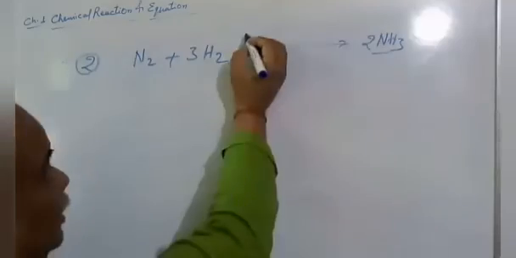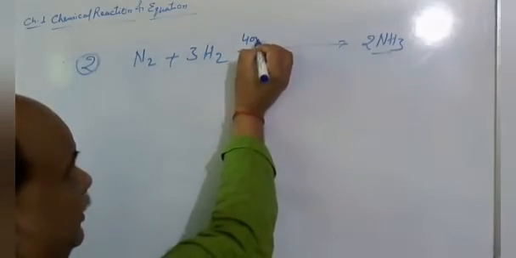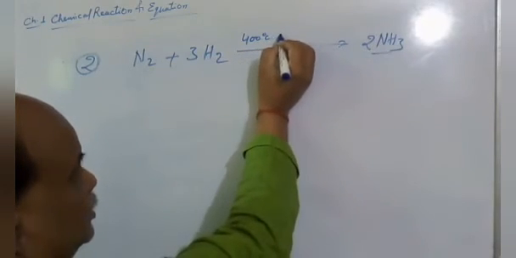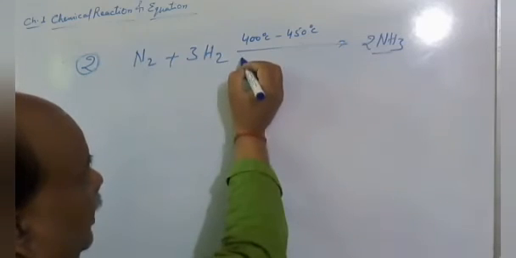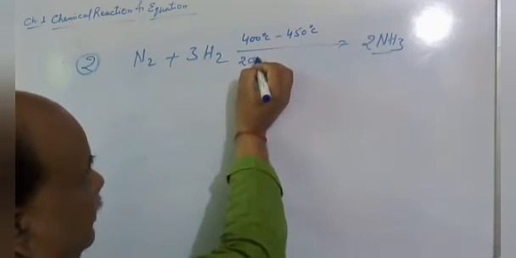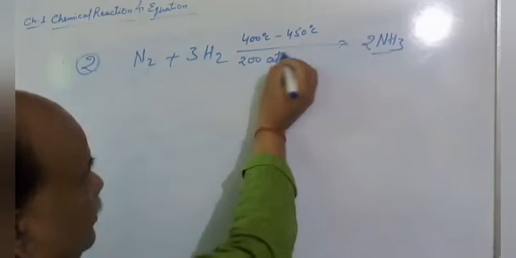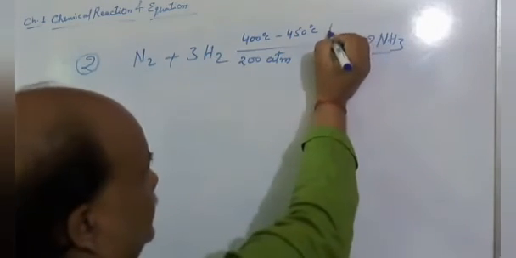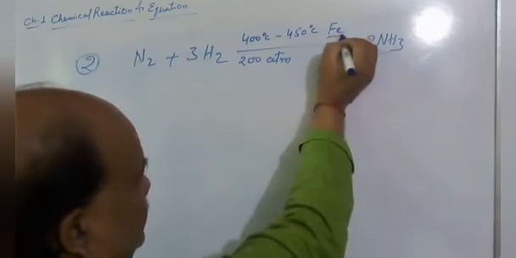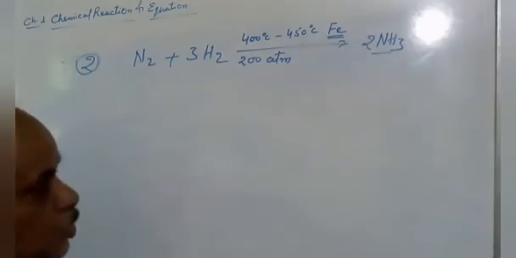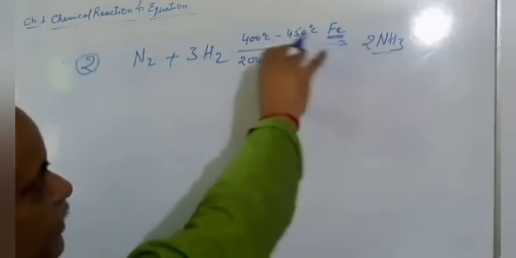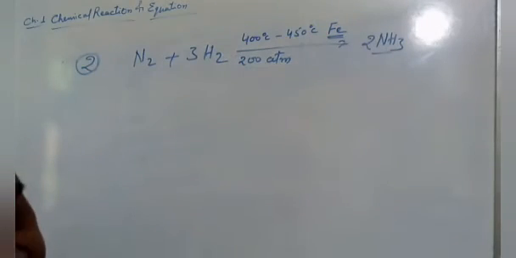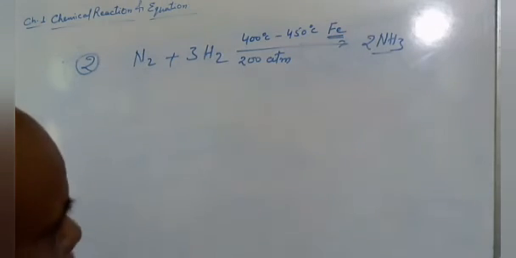This reaction occurs at 400 degrees Celsius to 450 degrees Celsius at 200 atmospheric pressure and in the presence of iron catalyst. This is the catalyst in this reaction. So we should also provide this information, and by giving this information we can make our equations more informative.